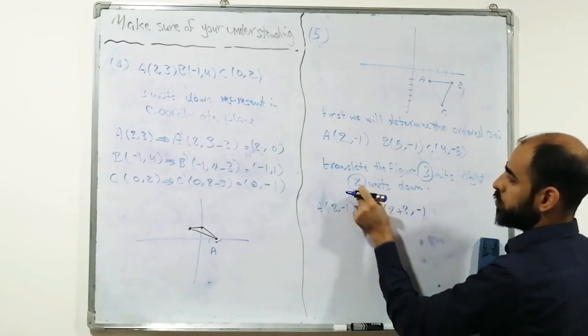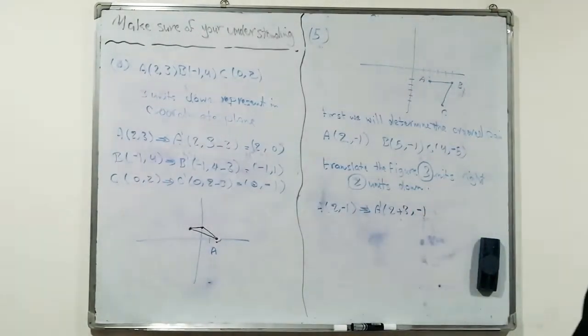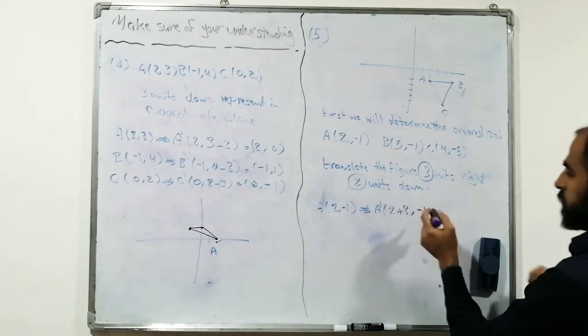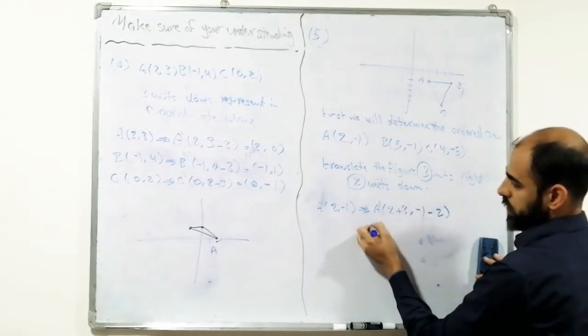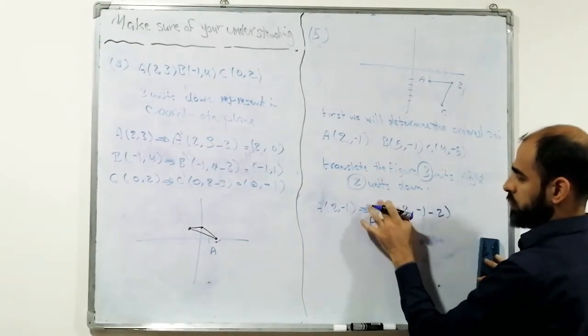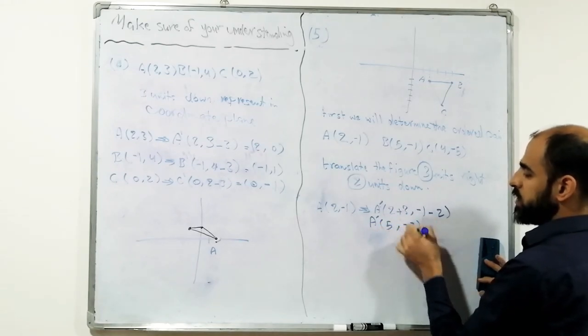And we have 2 units down, meaning to the negative side of y, so we subtract 2 from y. Then A dash will be 2 plus 3, 5, and minus 1 minus 2, minus 3.